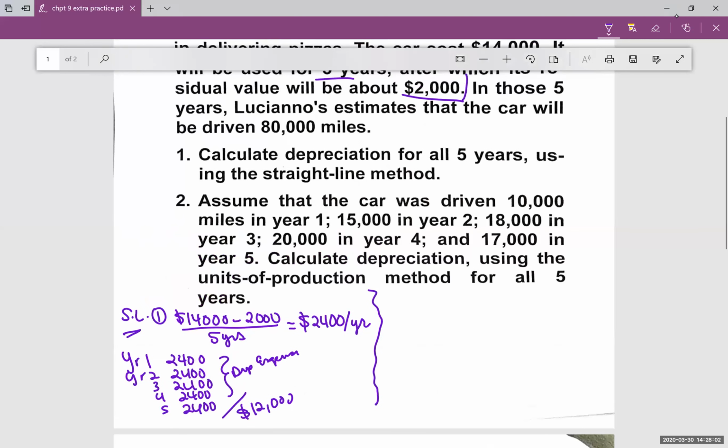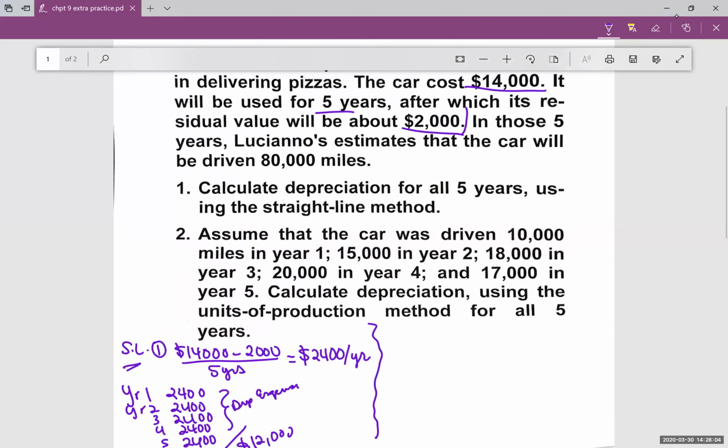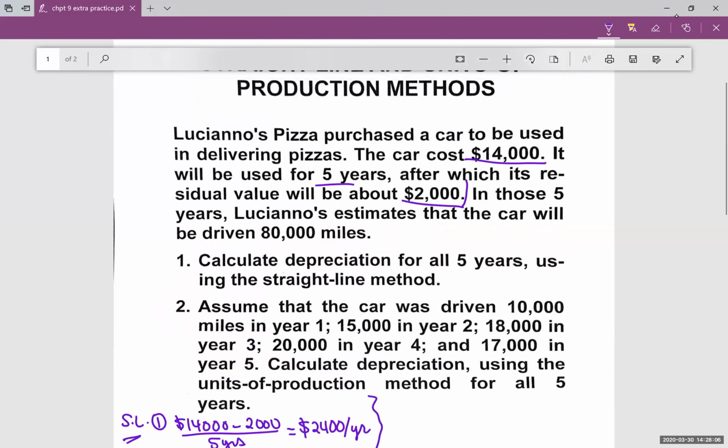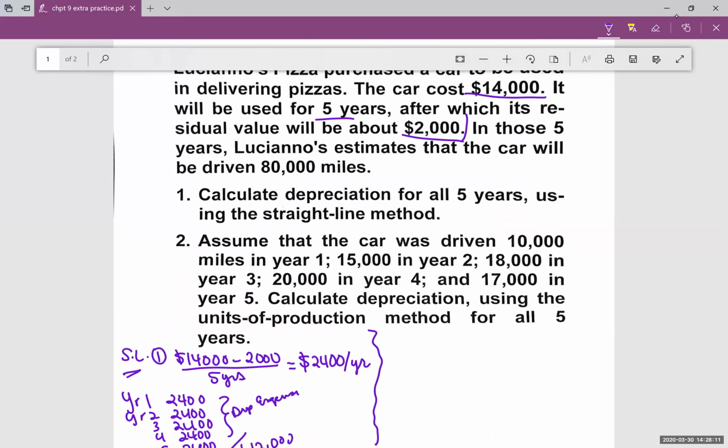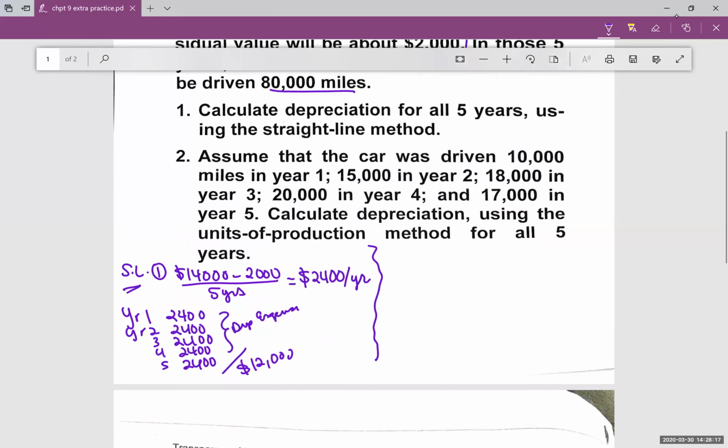Okay, moving back up here. If we're going to do, the book calls it a couple different things: units of production, units of output. In those 5 years, they estimate that the car will be driven 80,000 miles. So number 2 here, we've already done number 1. Number 2, first we need to find the depreciation per mile.